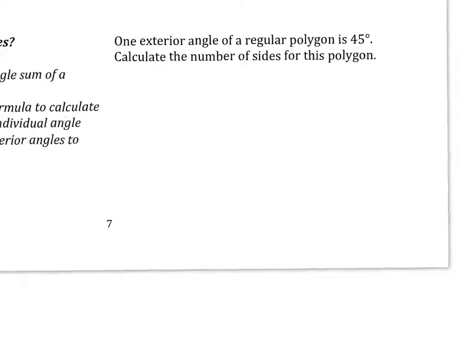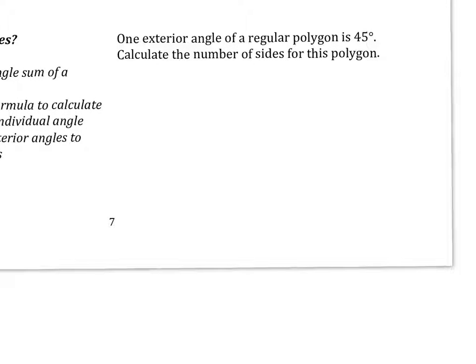All right, so last one. This goes to the question that Destiny just talked about. One exterior angle of a regular polygon is 45 degrees. How many sides does it have? 8. How'd you get that? 360 degrees is the sum of all the exterior angles.